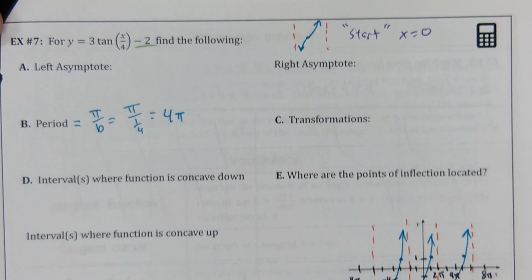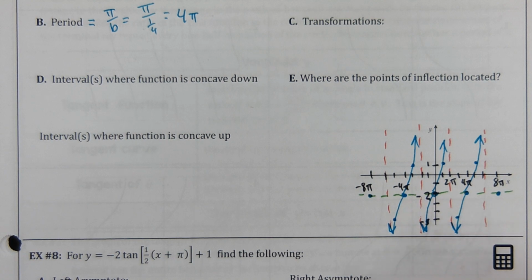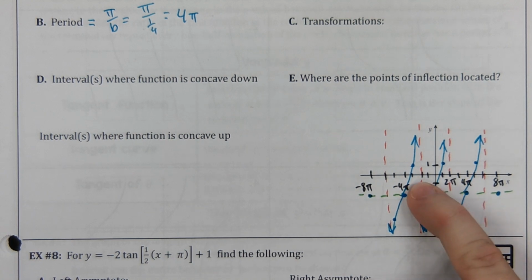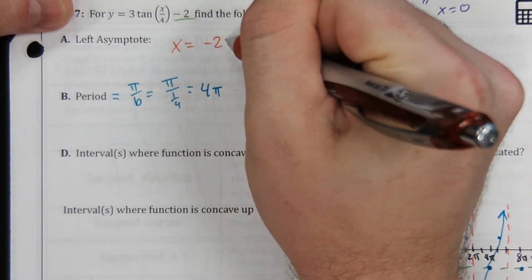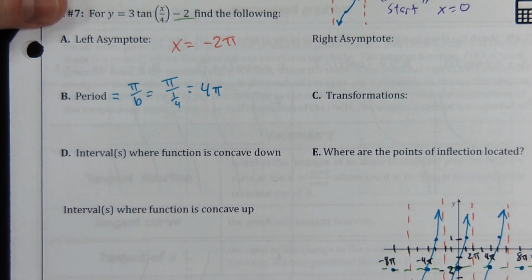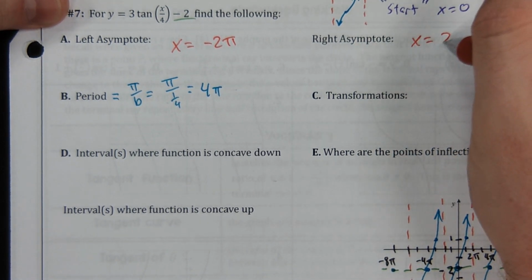So that's at -2 pi and at +2 pi. So the left asymptote is going to happen at x equals -2 pi, and the right asymptote is going to be at x equals +2 pi.